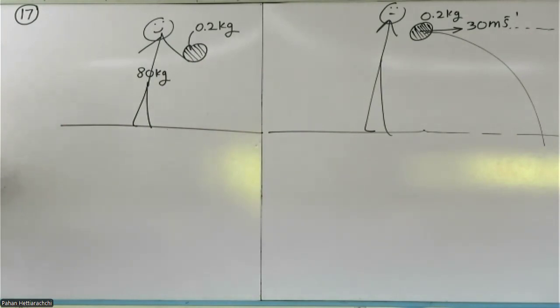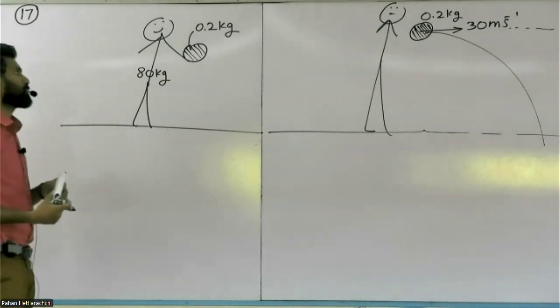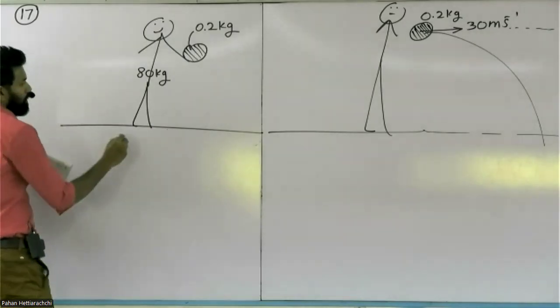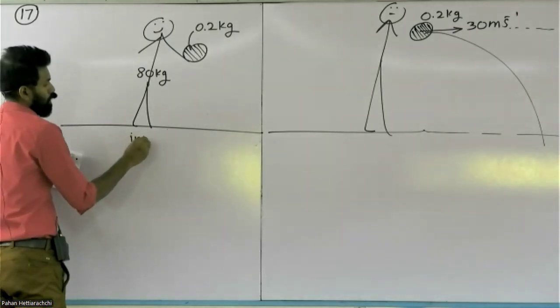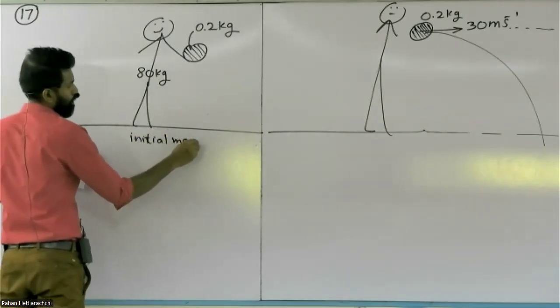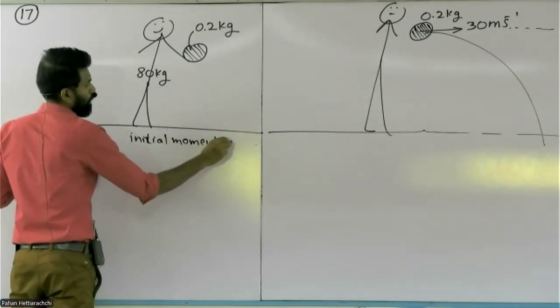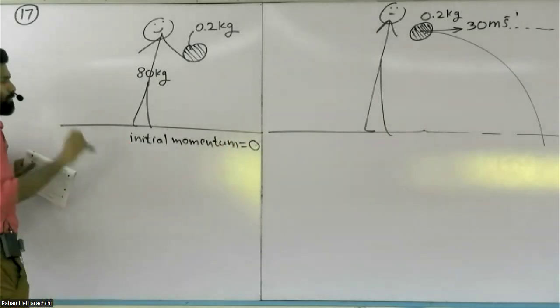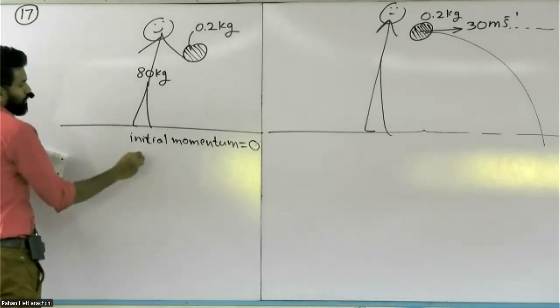Okay, there's an 80 kg man with a stone of 0.2 kg in mass. They are at rest, so the initial momentum is zero.